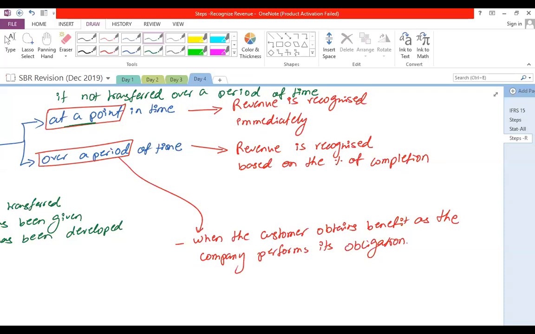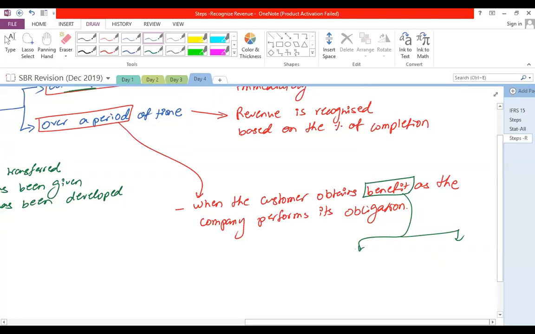Josie is saying, what if the supplier obtains benefit if they complete early? Josie, if they are getting the benefit after completion, whether it's early or on time or delayed, that means it's at a point in time. So if you're talking about the benefit, the benefit will either come after completion or during completion.